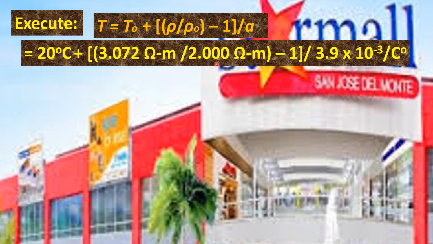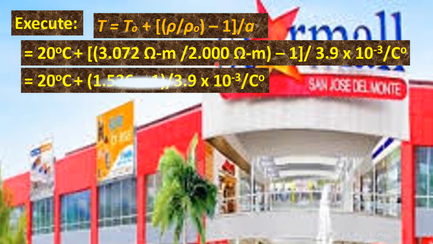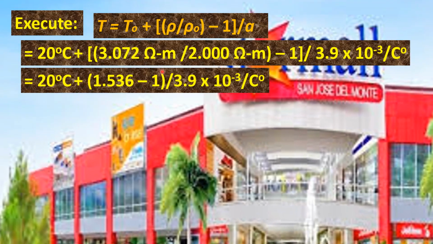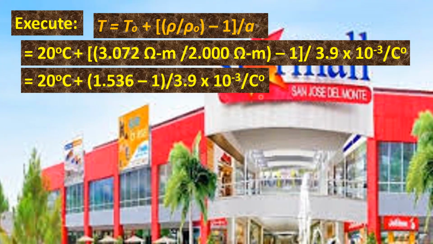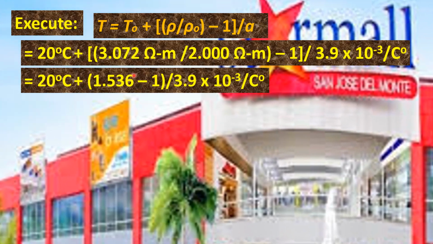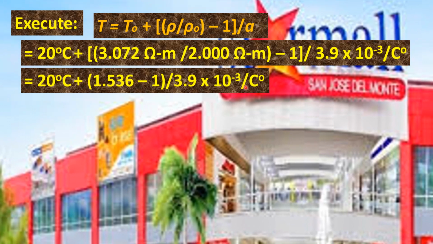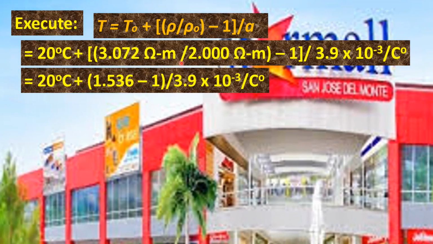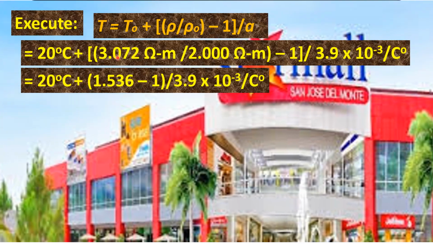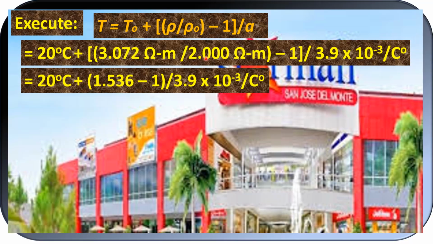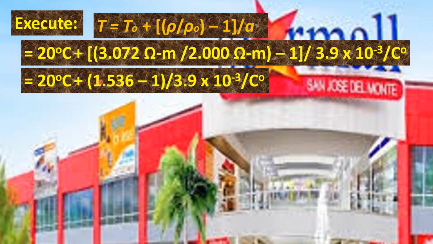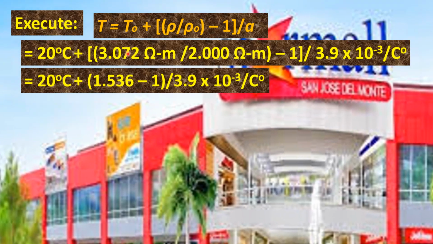And simplifying, we are showing here the step-by-step simplification. The result of getting the ratio of 3.072 ohm meter by 2.000 ohm meter is 1.536.